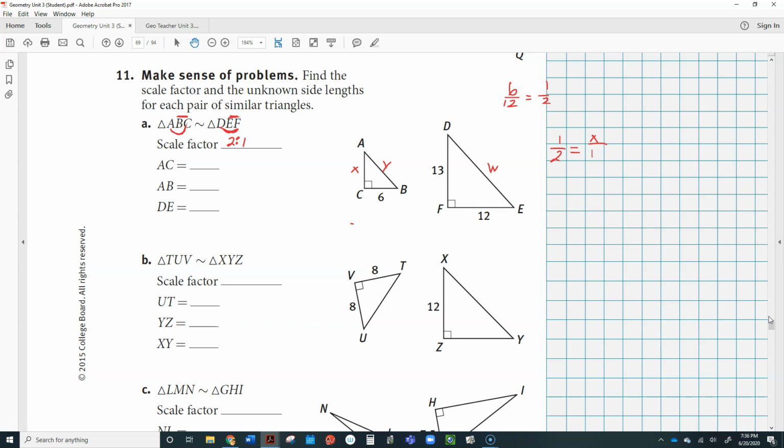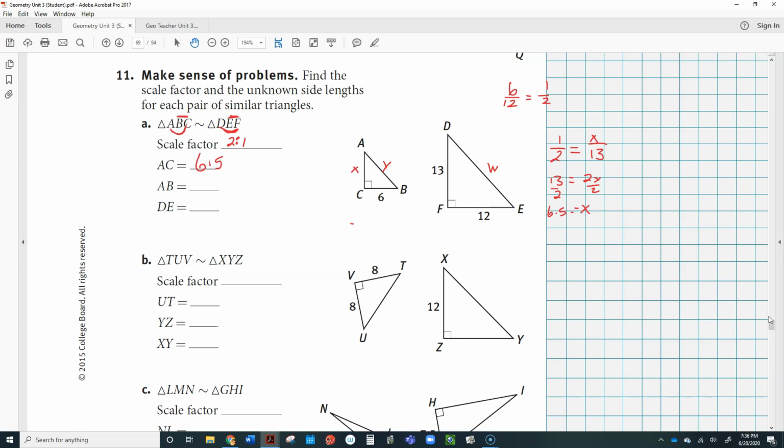So DF is 13. To find the answer, we cross multiply. 1 times 13 is 13. 2 times X is 2X. Divide both sides by 2, and it's half of 13, which is 6.5. So this side right here, AC, is 6.5.